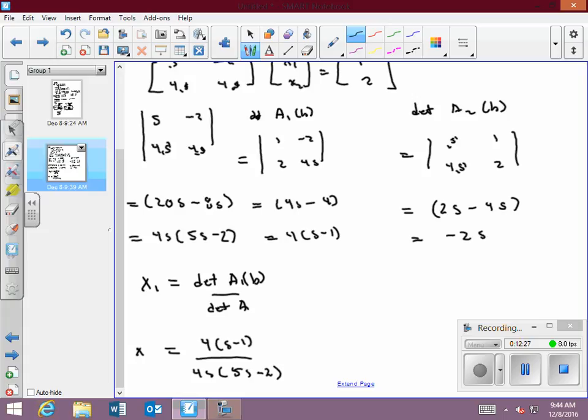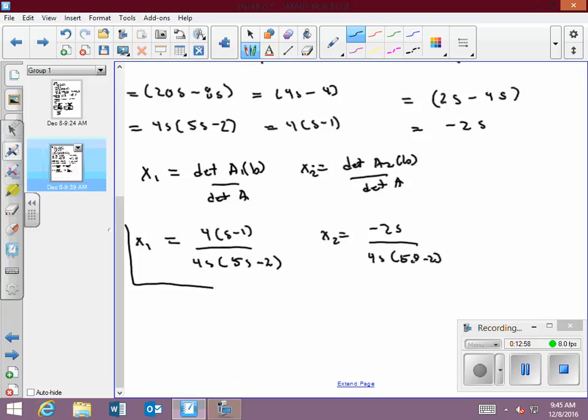That's x1. And x2 is the determinant of A2(b) over the determinant of A. A2(b) is negative 2s, and the determinant of A is 4s times 5s minus 2.